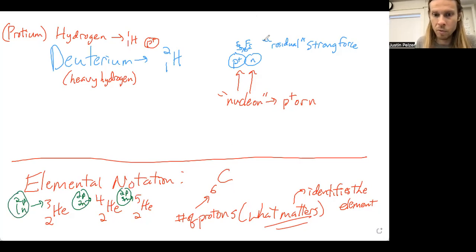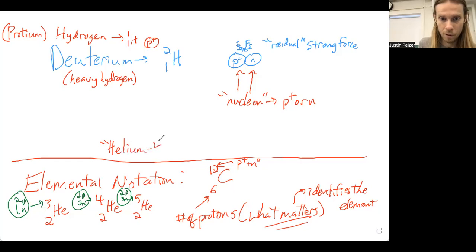So the top number is protons plus neutrons, P plus N. The bottom number is just the number of protons. So when you have a name like helium 4, what does that mean? Well, that means helium, but the 4 means protons plus neutrons. It's the total mass.